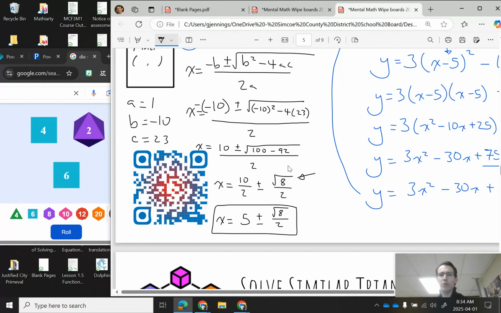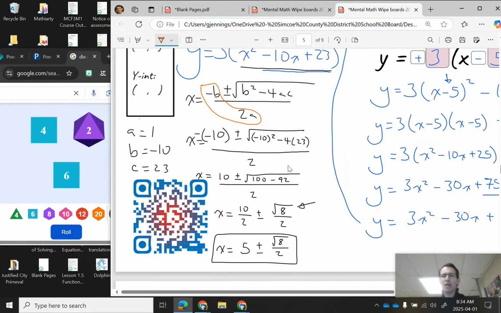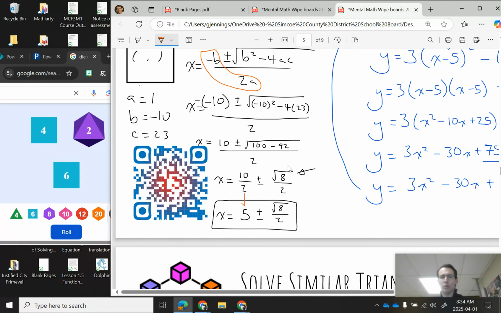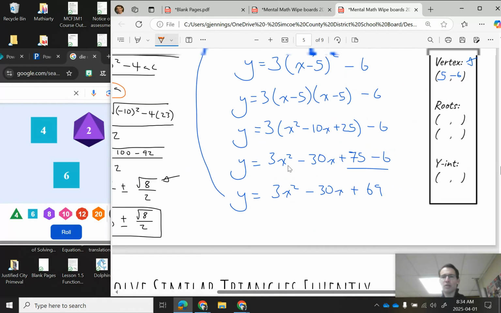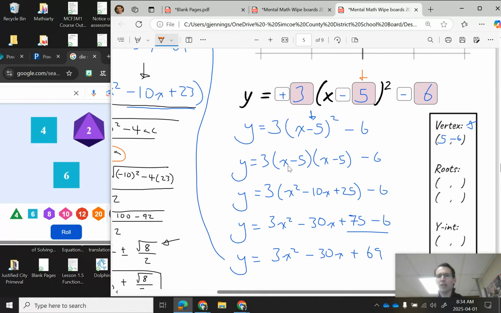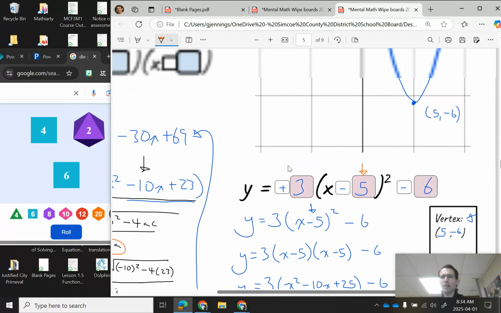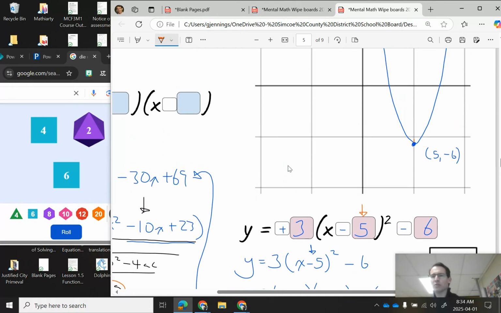Okay? Notice that the negative b over 2a part, this part here, actually gave us the value of the axis of symmetry. That gave us 10 on 2, which was 5. You'll notice 5 showed up very early in all of our stuff here. That happens to be this axis of symmetry where the parabola is.